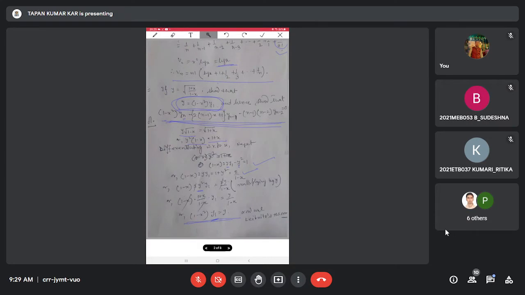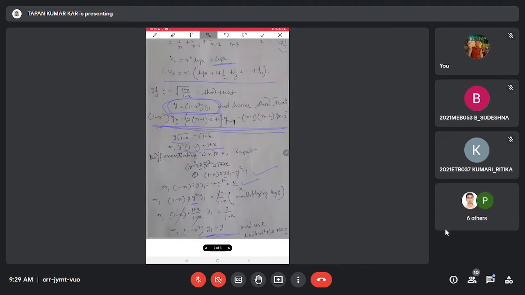For any type of problem, even if it is not given in your question, I would suggest that you first establish this type of relation and then use the Leibniz theorem.